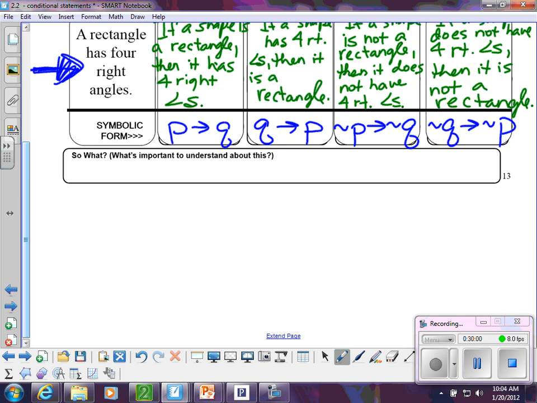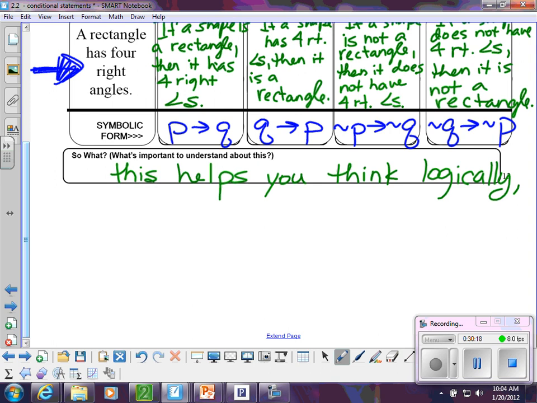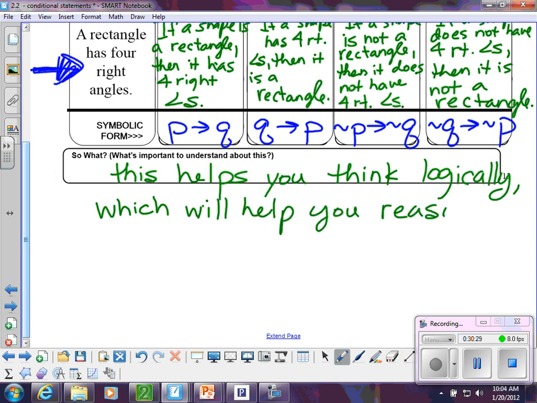But the reason why I made you do this whole section is because this helps you think logically, which will help you reason your way through a proof.